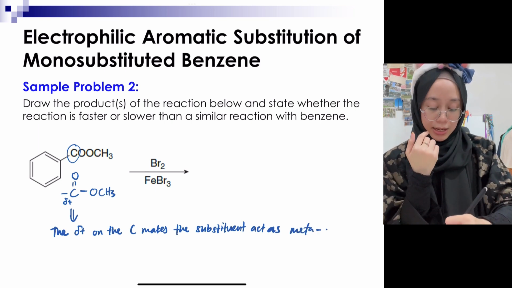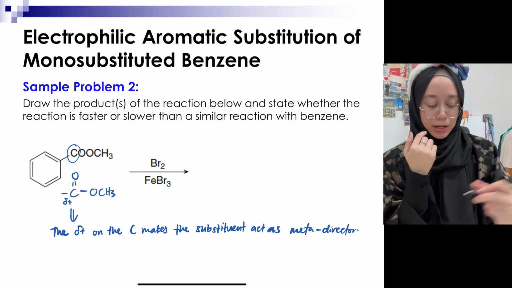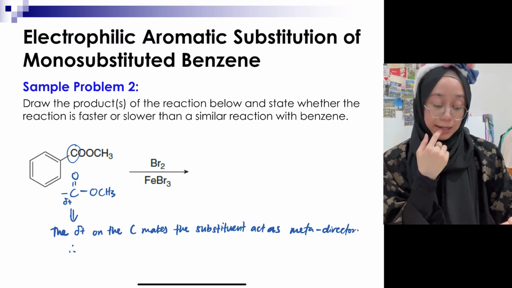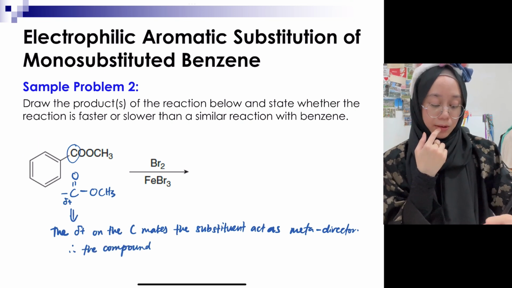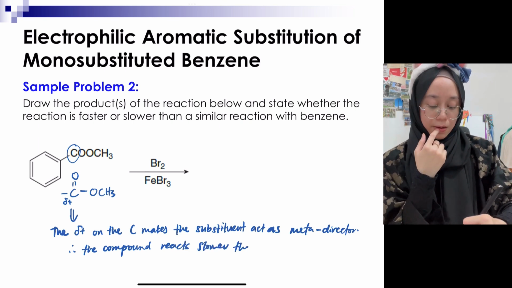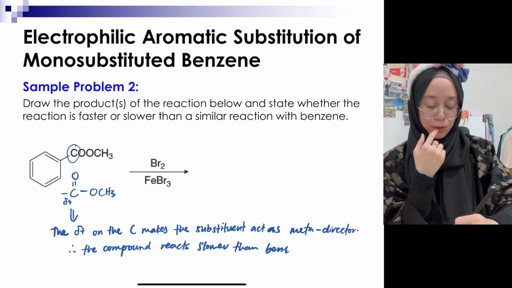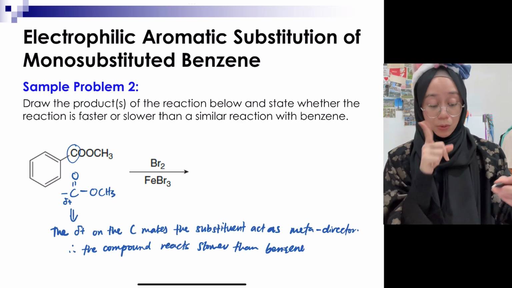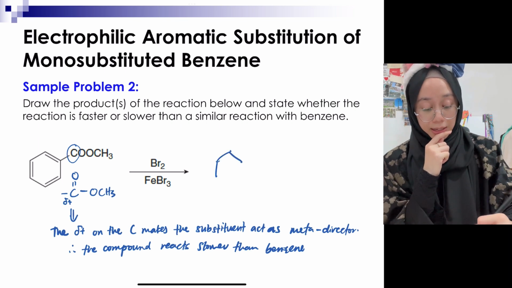Okay, dia akan act sebagai meta director. Okay, therefore kalau dia adalah meta director, the compound reacts slower than benzene. So kita kena lukis produk. So berapa banyaklah produk yang kita nak lukis? Since dia adalah meta director, so there's only one main product yang kita akan hasilkan.